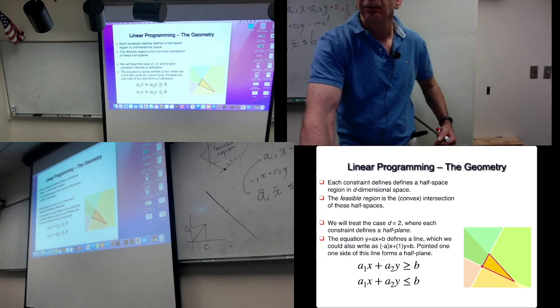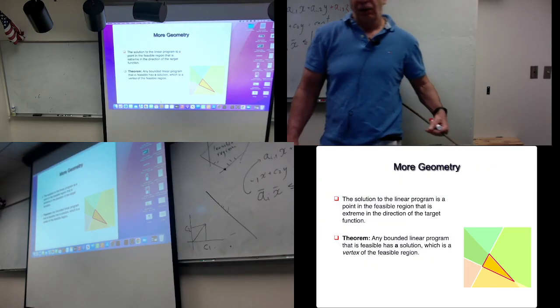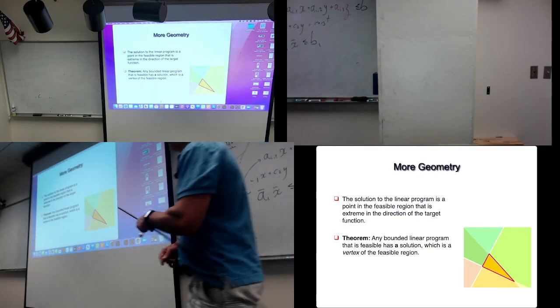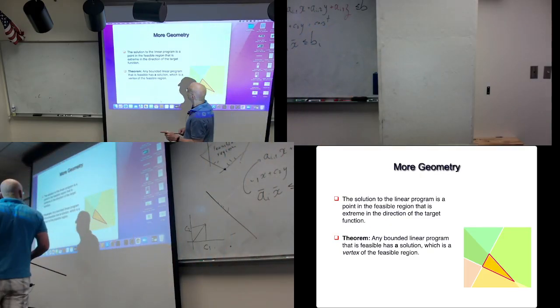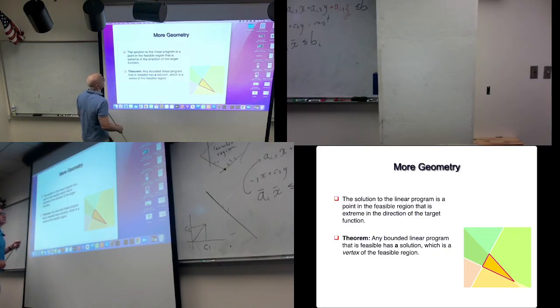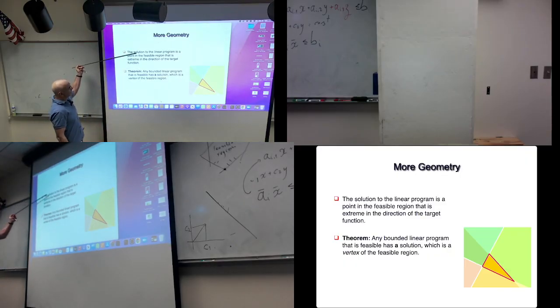And what hopefully I was able to show you is that there is always a solution to the linear programming that is a point in the feasible region that is extreme in the direction of the target function.